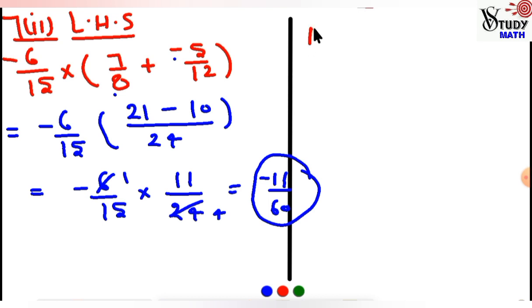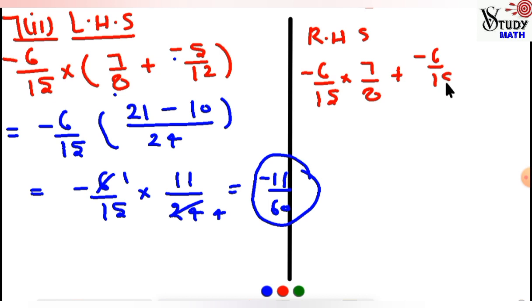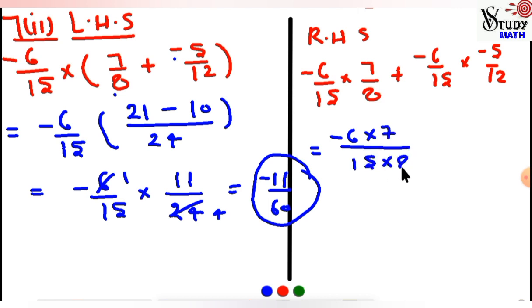The right hand side is given here: negative 6 upon 15 going to multiply 7 upon 8, positive negative 6 by 15 going to multiply negative 5 by 12. So my dear students, let's solve this one also. So what is the common factor? Negative 6 going to multiply 7 and 15 going to multiply 8.